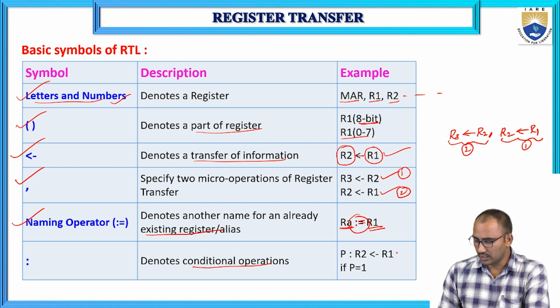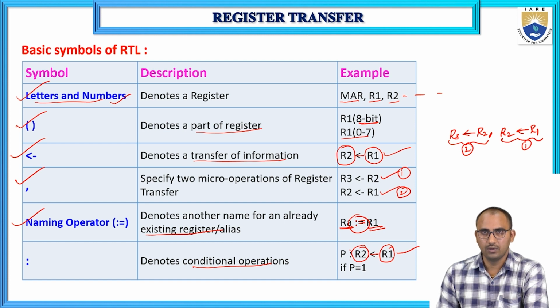So here you can see, P colon R2 left arrow R1. That means if P is equal to 1, then only the contents of the R1 register will be transferred to the R2 register. So these are the different basic symbols we use in register transfer language.